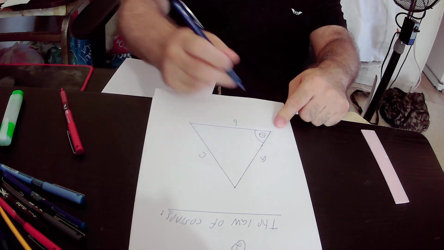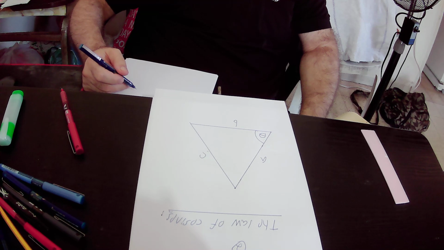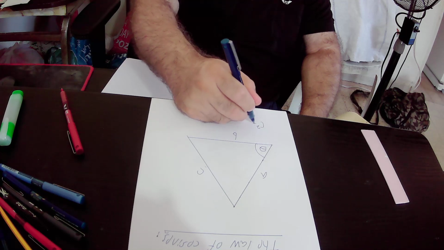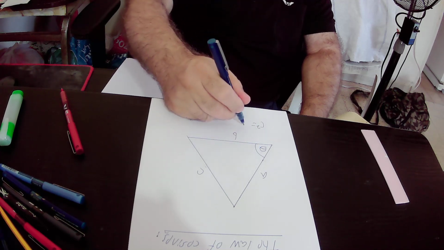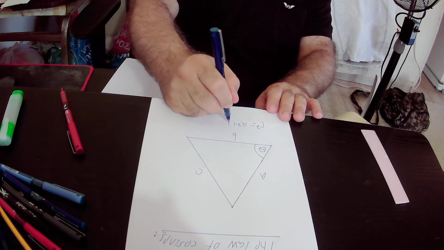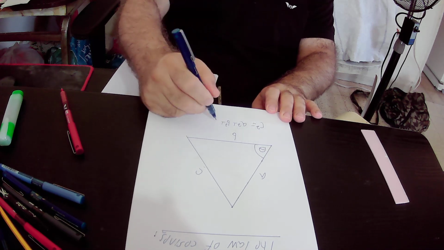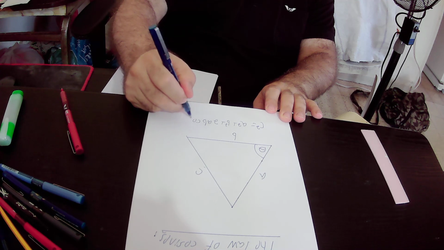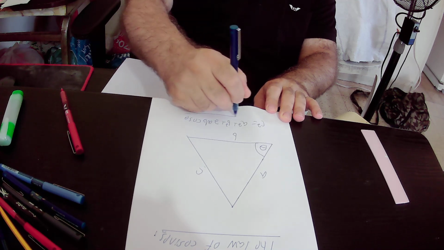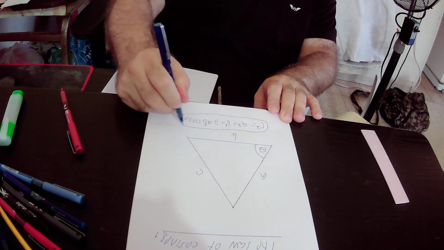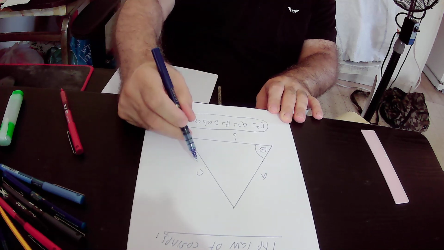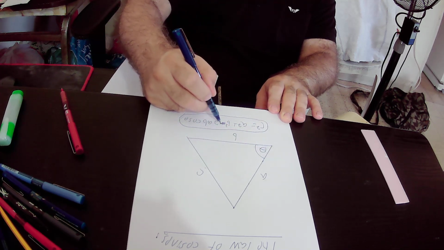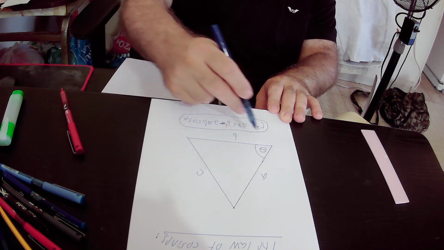Then according to the law of cosines, c squared equals a squared plus b squared minus 2 times ab cosine theta.